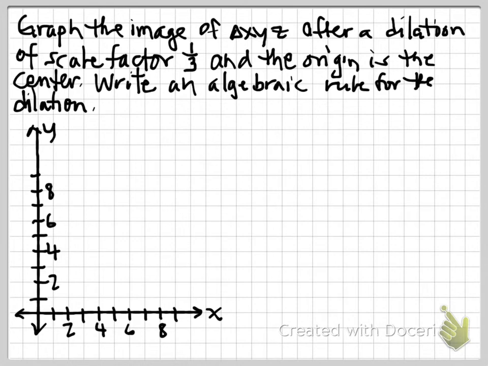So our first vertex is going to be at 3, 3. So this is going to be our pre-image, excuse me. That's X. Y is going to be at 9, 9.